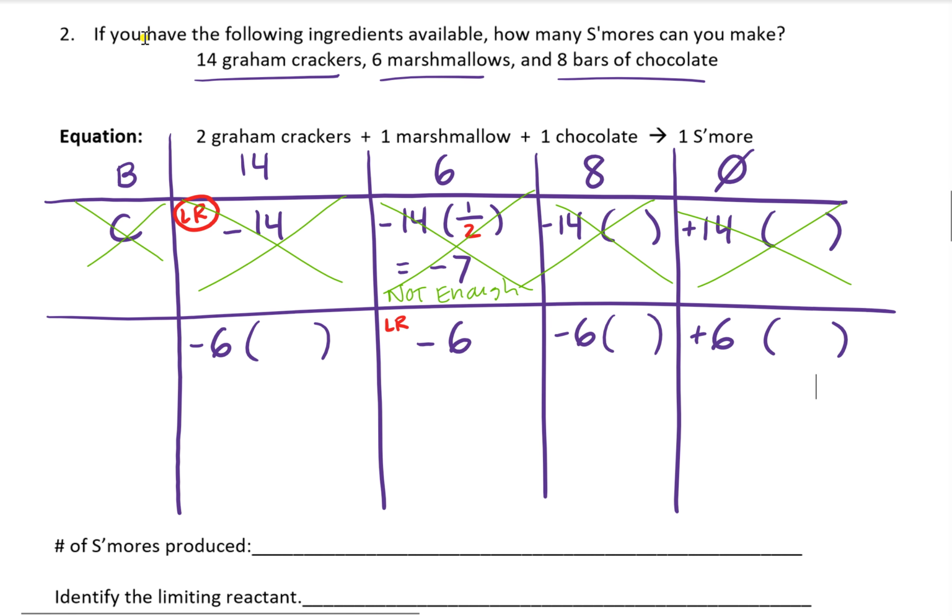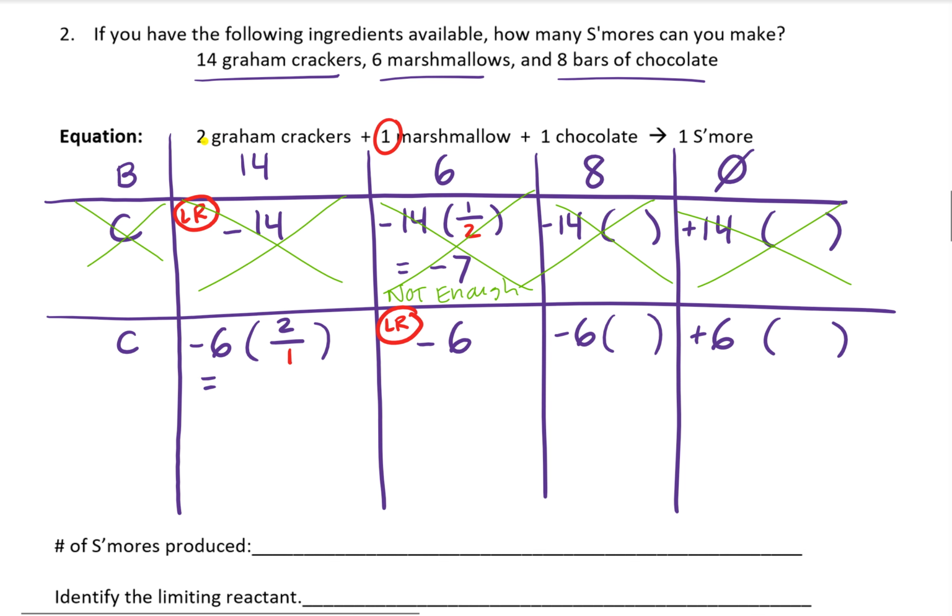And it's the coefficient of what you're solving for over the coefficient of the limiting. So since we're solving for graham crackers here, its coefficient is 2 divided by the coefficient of the limiting reactant. And remember, we said, let's assume marshmallow is limiting. Its coefficient is 1. So I'm going to put a 1 on the bottom. And I'm going to repeat this for all the other reactants and products.